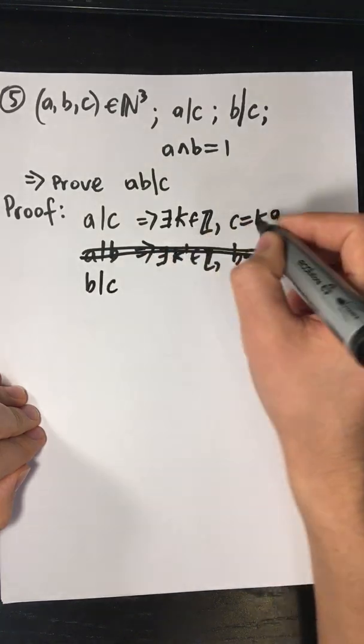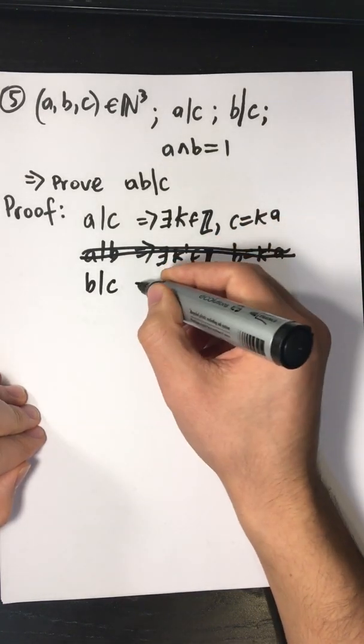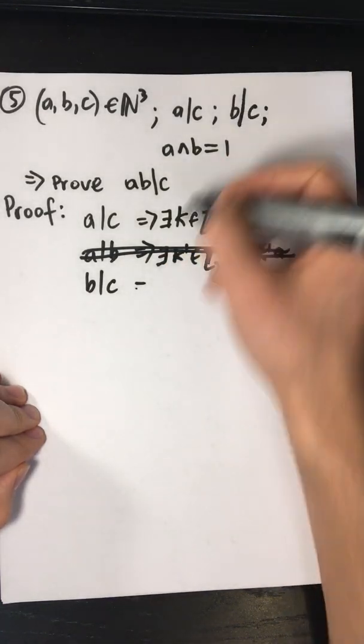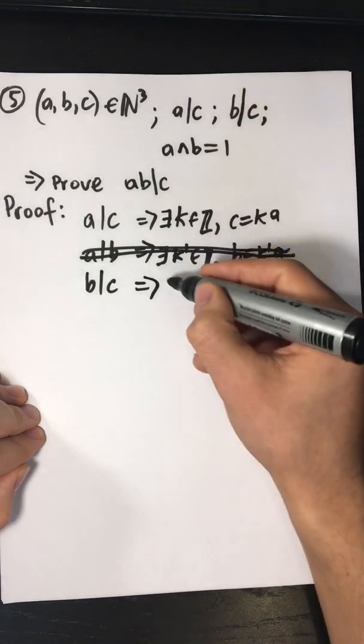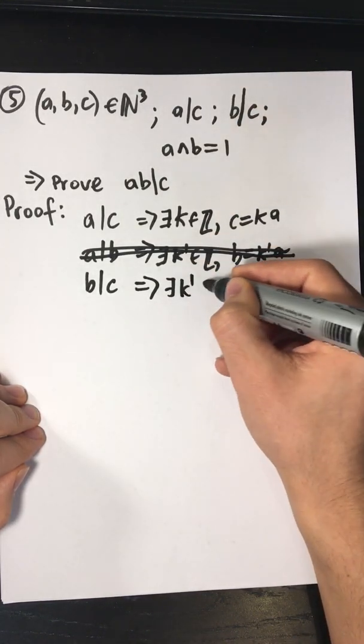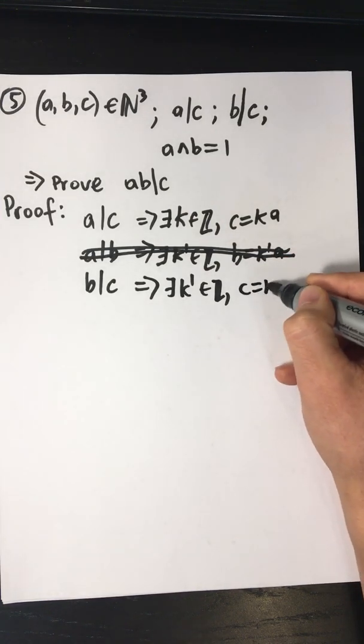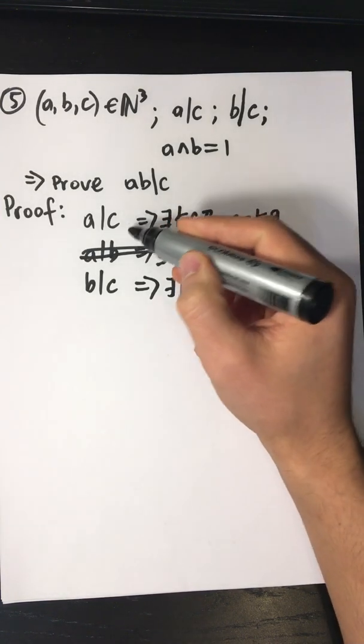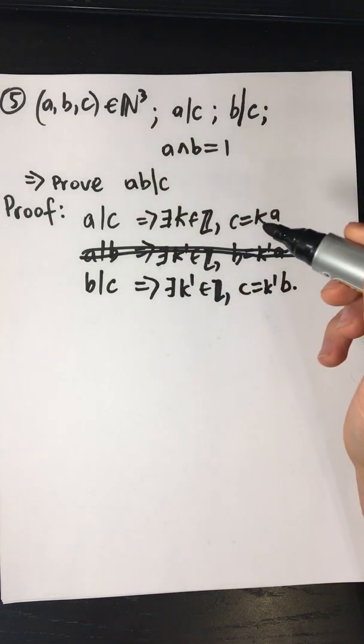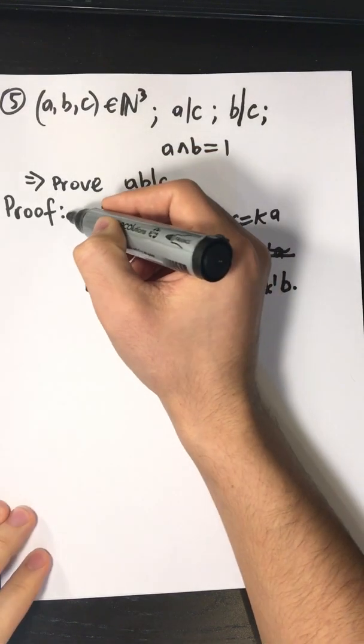Again, I'm not making a new video, I'm not going to stop and pause, there is no editing. We are given this one. If we are given this one, there exists k dash, and c equals k dash b. Okay, because we are given this one and this one.